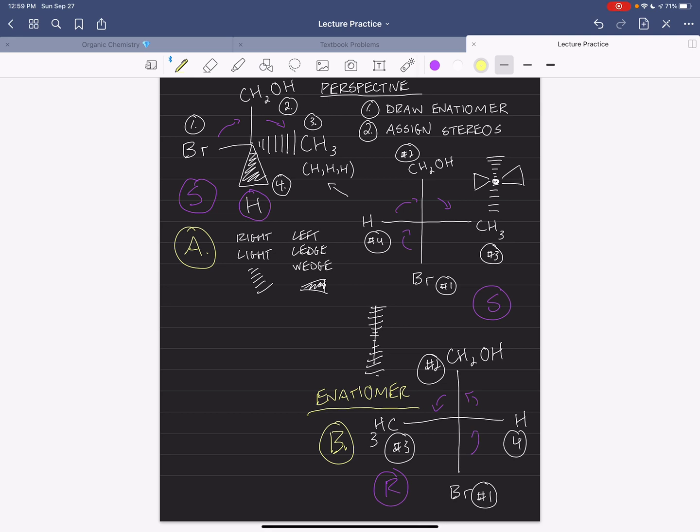If you do this, the configuration here would be S, but since hydrogen is coming towards you, you are going to swap it to R. So the correct configuration of this molecule in the Fisher projection formula is R, and the original was S, and now you know that you converted this perspective formula into its enantiomer correctly.